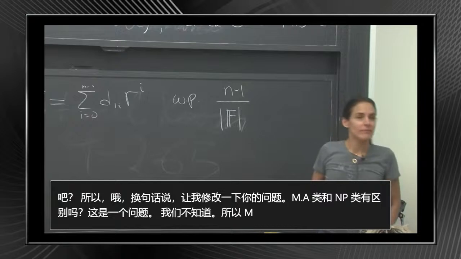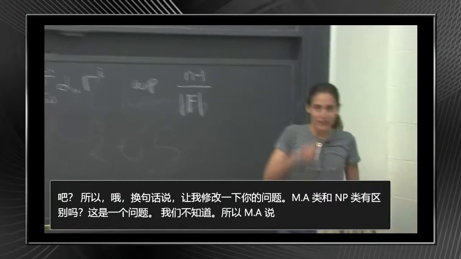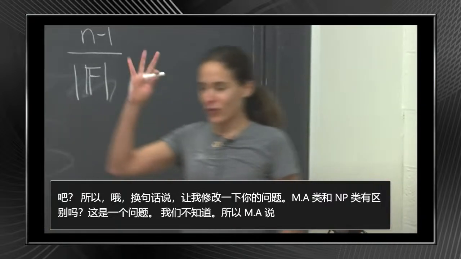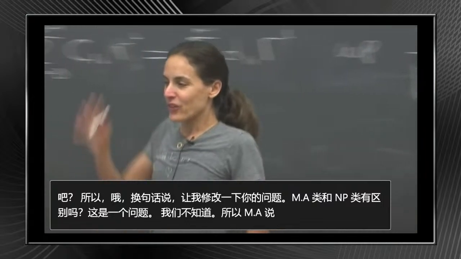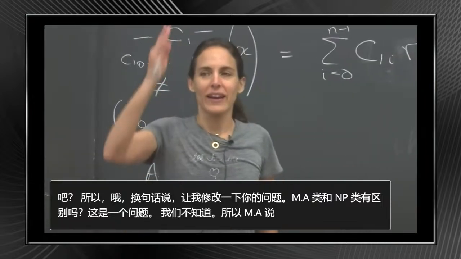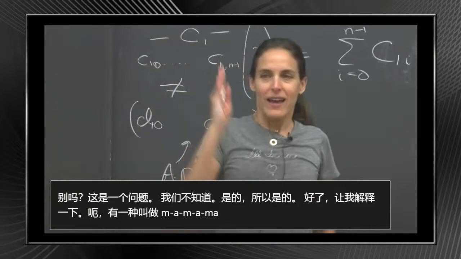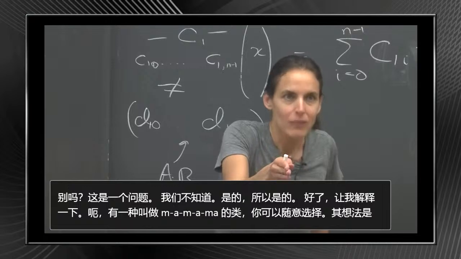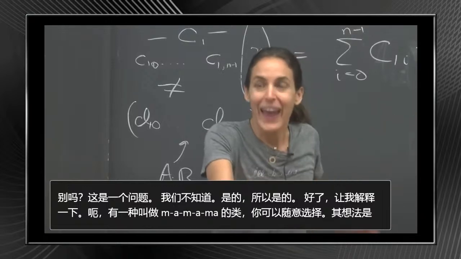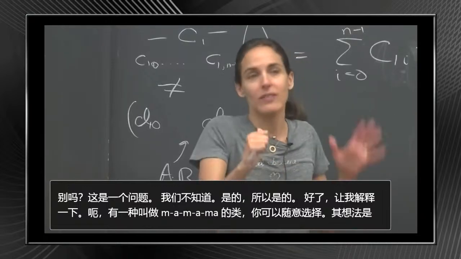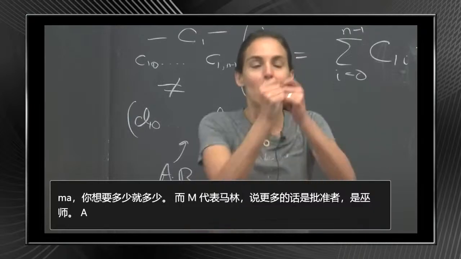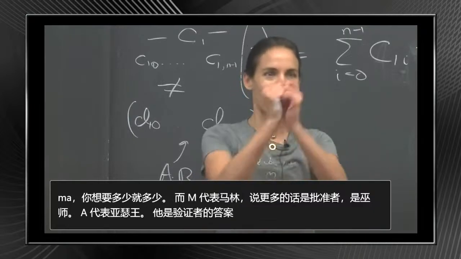MA says that the verifier has to be polynomial. Let me explain. There's a class called MA, and the idea is M means Merlin speaks. Merlin is the prover, the wizard. A means Arthur, the king, the verifier. M speaks, A answers, M speaks, A answers.